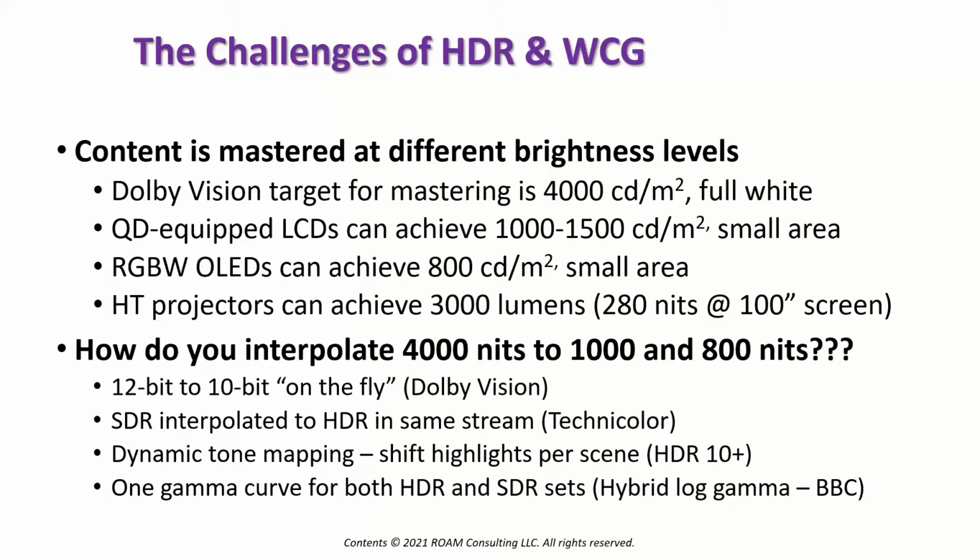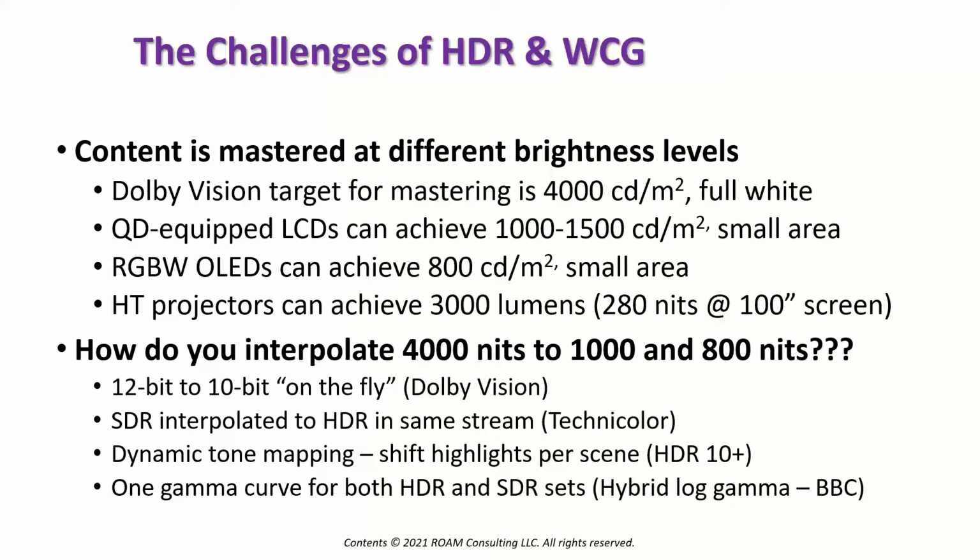So with Dolby Vision, it's done on the fly. It's basically done as it plays off the device or off the streaming service into your TV. Technicolor has a system where they can take standard dynamic range video and high dynamic range and mix it in the same stream so that a display that can only show standard dynamic range will only see the SDR content. A high dynamic range display will see the HDR content.